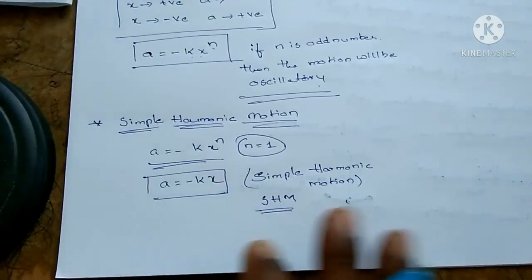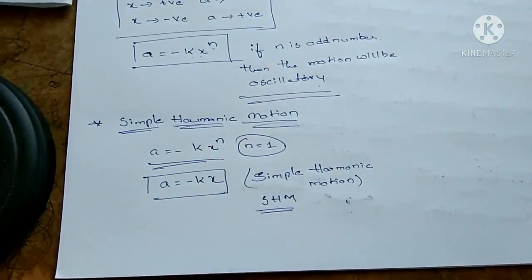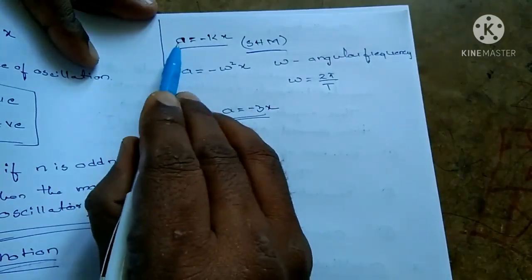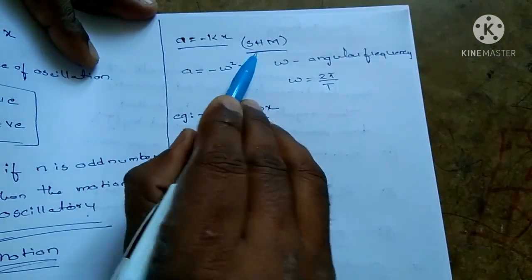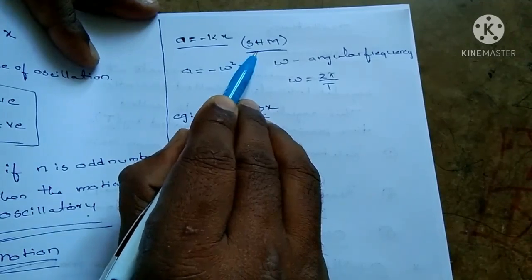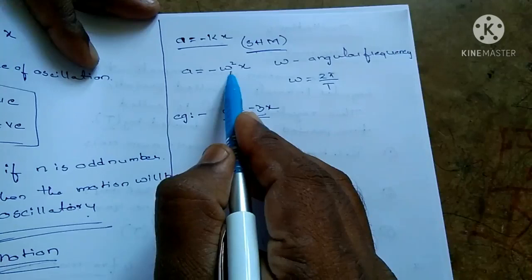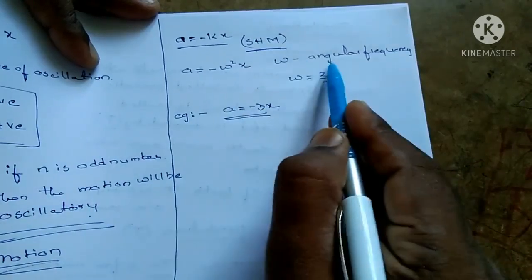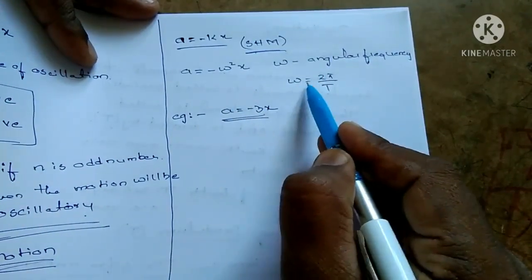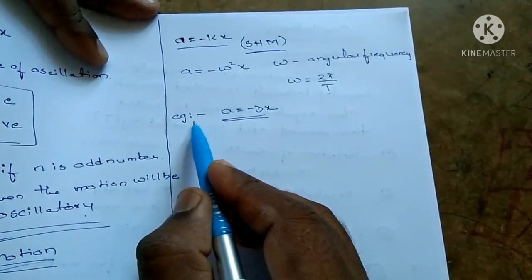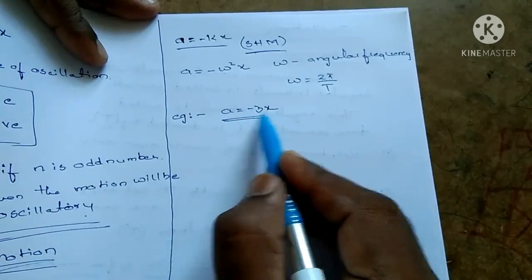So let us see some examples in order to identify whether a given equation is simple harmonic or not. Any equation which satisfies a is equal to minus kx can be termed as simple harmonic in nature, and in short we can write this equation as a is equal to minus omega square x, where omega is nothing but angular frequency, and omega is equal to 2 pi by T. The first example which we are going to see is a is equal to minus 3x.